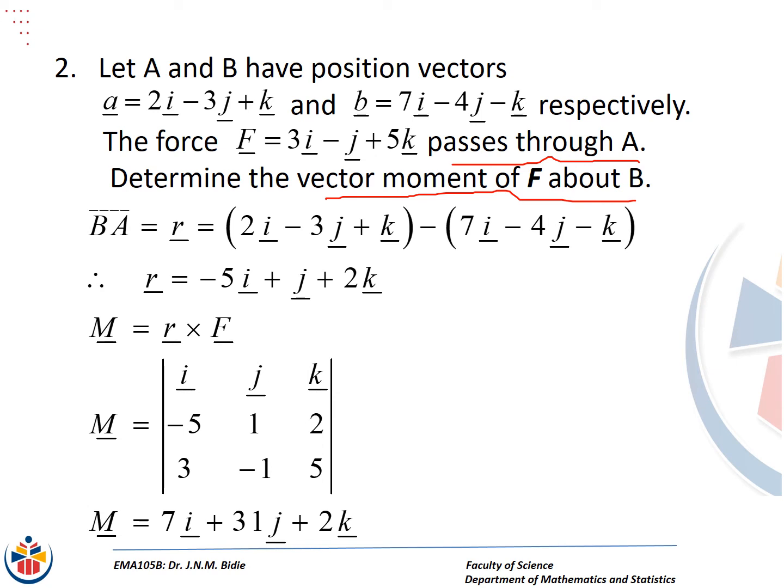Hence, the position vector must be BA, B being the initial point and A being the final point. And if B is the initial and A the final point, our position vector R will then be equal to the terminal point minus the initial point. So it's A minus B. That is why our R is in that format, and then we calculate R cross F.